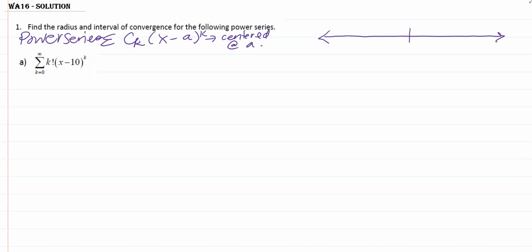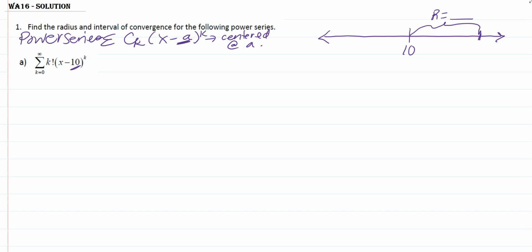Okay, so in this case, your a is 10, so the center here is 10. The question is asking you, how far away can x be from 10 and your series will still converge? That would be your radius of convergence. That's what we're looking for.